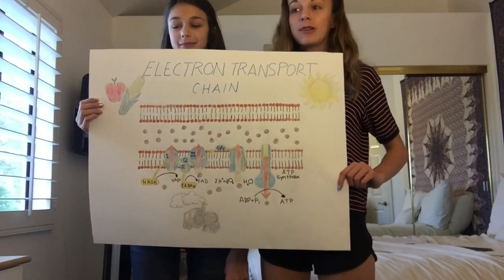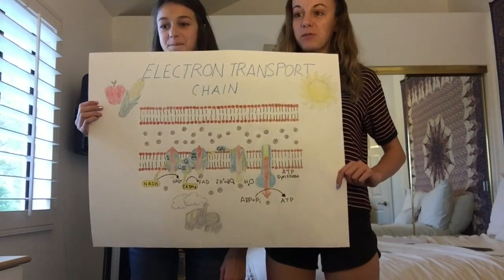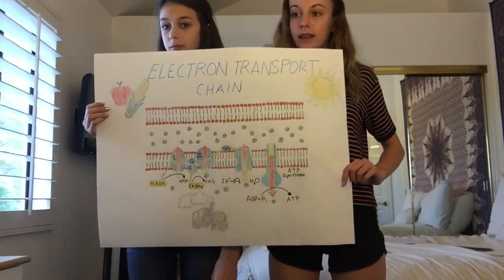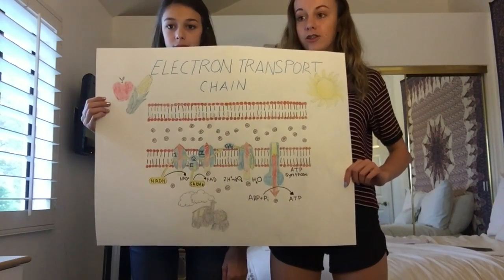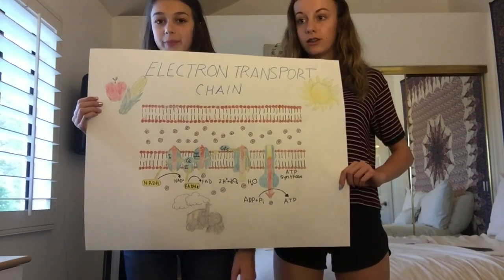Respectively, these molecules are similar to rechargeable batteries. When NAD+ and FAD are reduced, this means that they accept and carry electrons and hydrogen ions, potential energy that can be used later in cellular respiration.